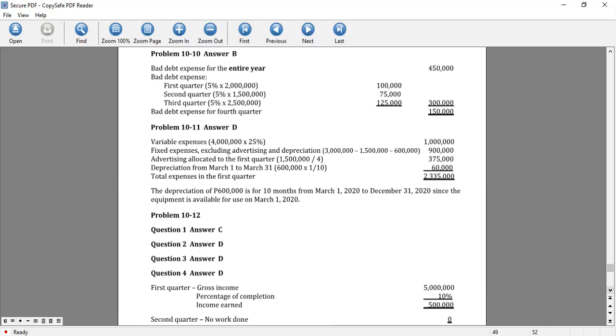So 1.5 million is to be divided by 4 quarters. So for this quarter ending March 31, 375,000. And then depreciation from March 1 to March 31, of the total of 600,000. That's good for the year.